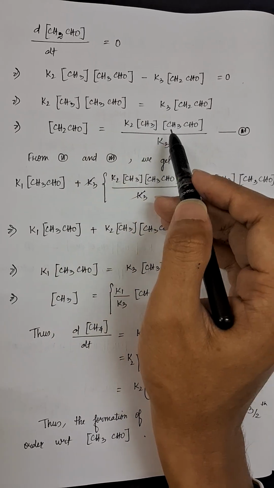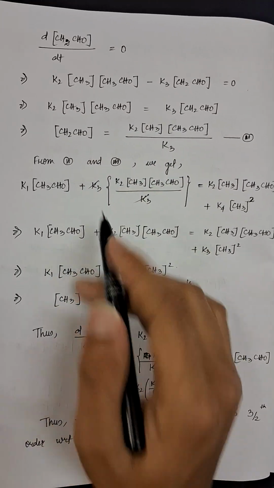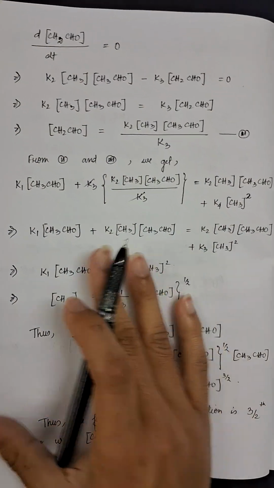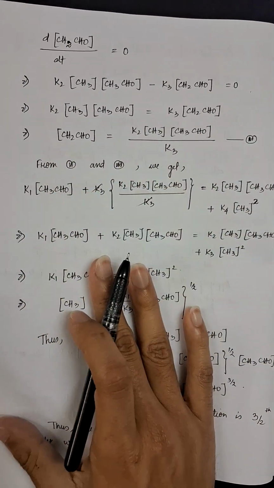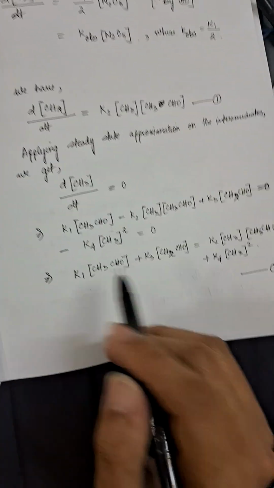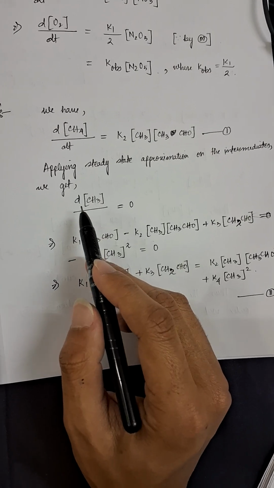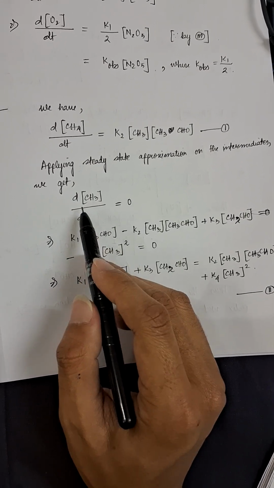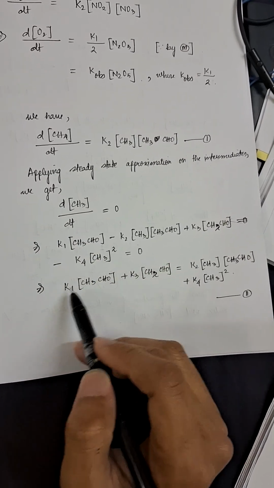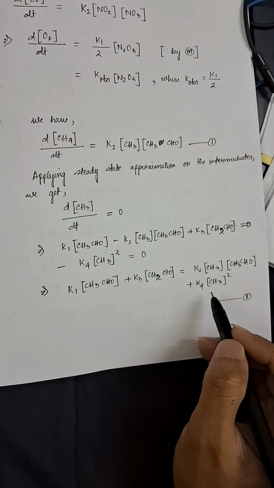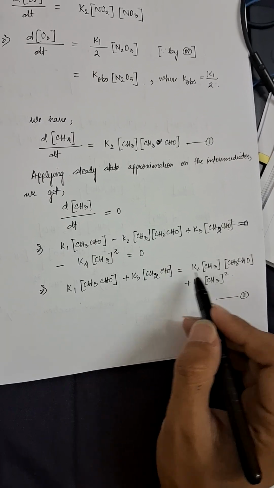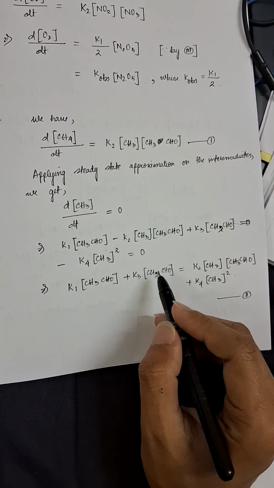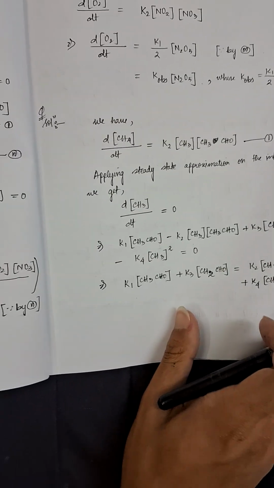Okay, after finding this, your next step is not this. After finding this, you write this one. Okay, again apply steady state approximation on CH3, solve it, and then you get something like this. Now after getting this, put the value of CH2CO here, like I've done here.